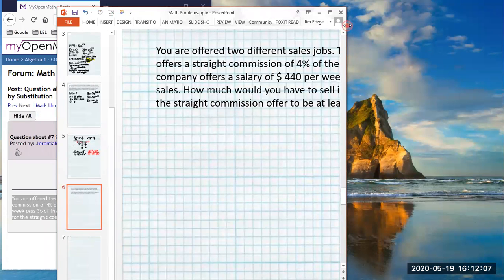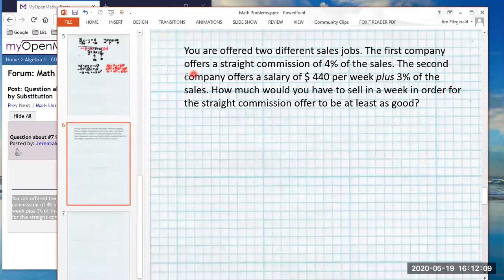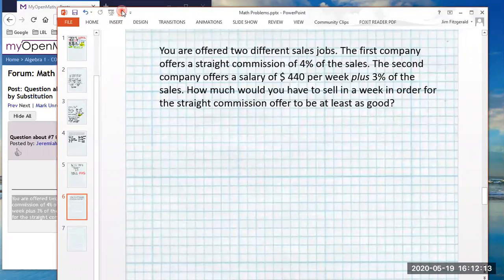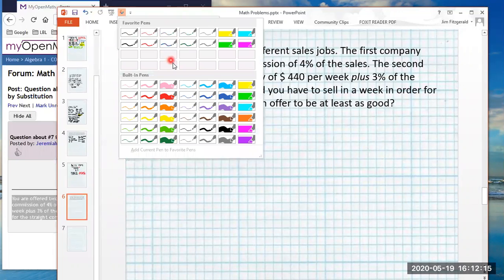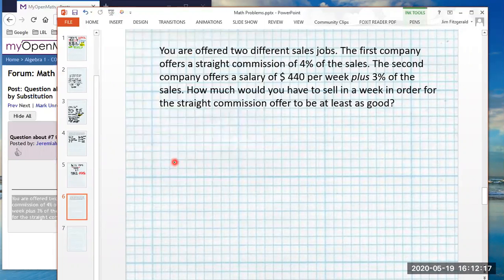Okay, so in the first case, you're given a straight commission of 4% of the sales.